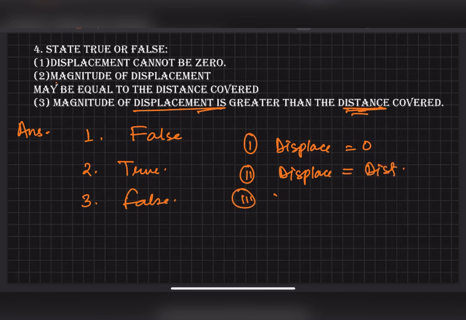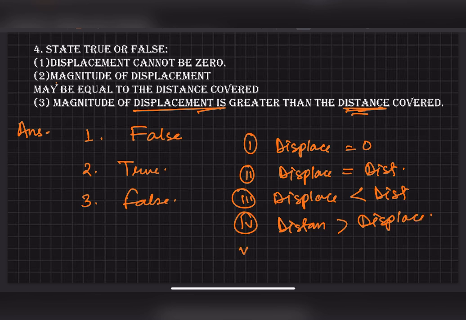Third point is displacement can be less than distance. Fourth point is distance is always greater than or equal to displacement. That's all. I hope this is clear to you. These are the points we have discussed so far.